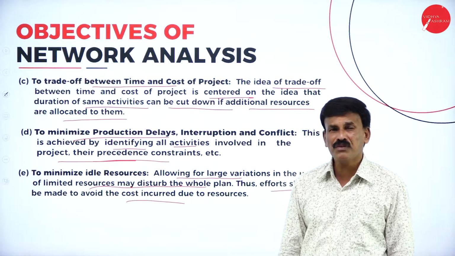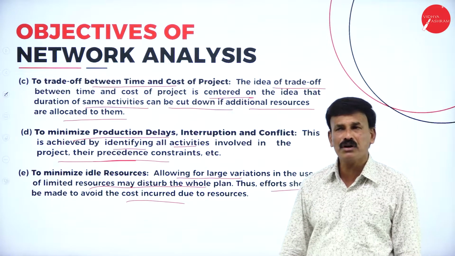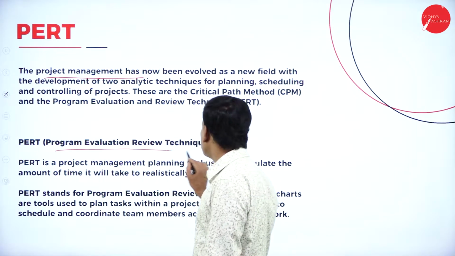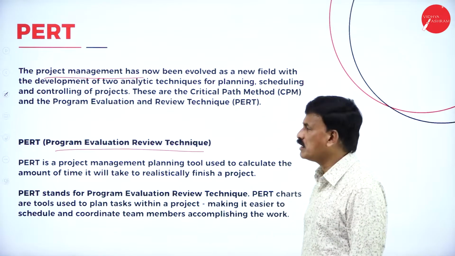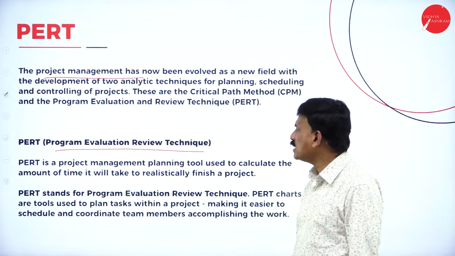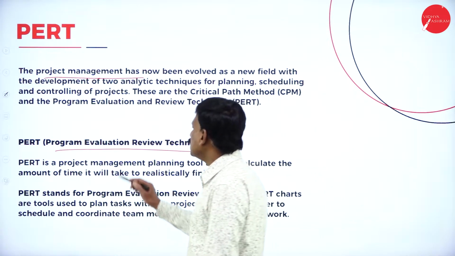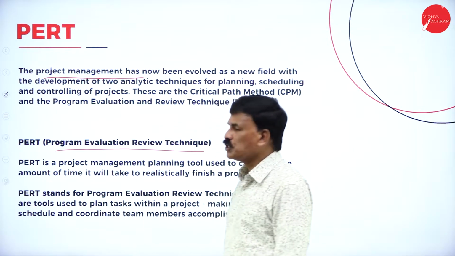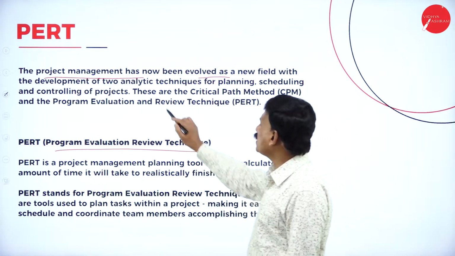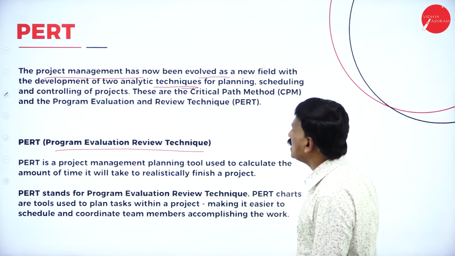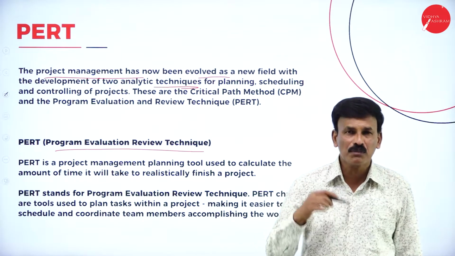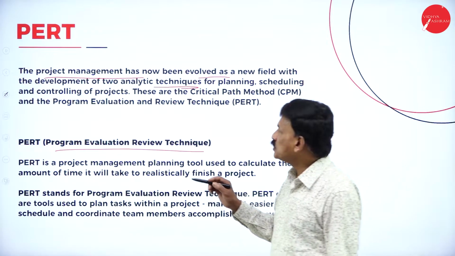Now, let us come to the very important concept, that is PERT. What is the meaning of PERT? Let me discuss now. PERT, Program Evaluation Review Technique. Project management has now evolved as a new field with the development of two analytical techniques for planning, scheduling and controlling the project.